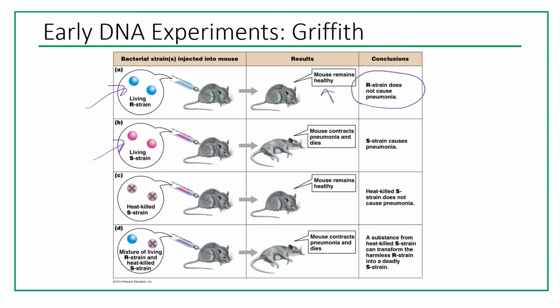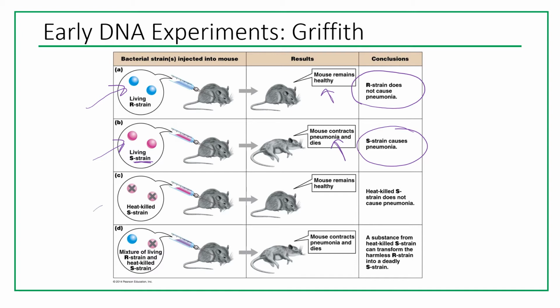So the conclusion would be the R strain does not cause pneumonia. When Griffith injected mice with the S strain, the mouse died. And the conclusion was the S strain caused pneumonia. So a very reasonable conclusion that makes lots of sense. You inject with the R strain, the mouse lives, so the R strain doesn't cause pneumonia. Inject with the S strain, the mouse dies, so the S strain causes pneumonia.